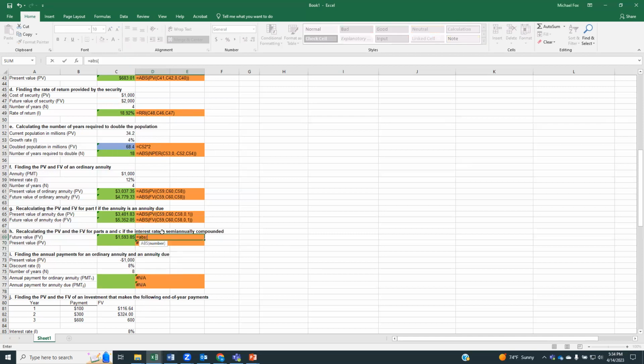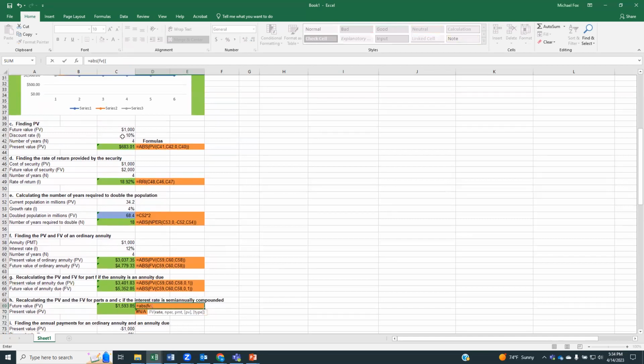Equals the absolute value of future value, because we're doing this for parts A and C. So for rate, I'm going to go all the way up to C, get that rate divided by 2. Number of periods, how about I get that number of periods times 2.